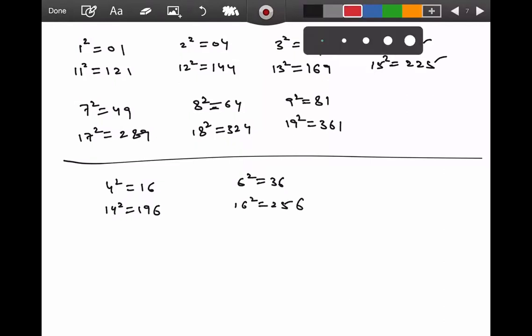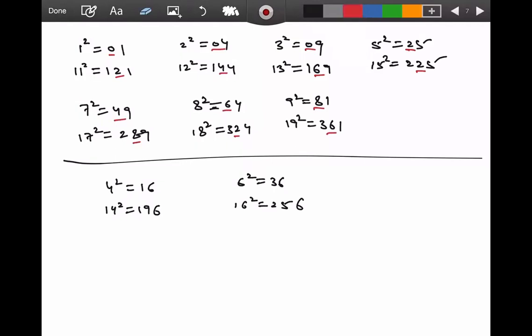So if you observe the second last digit or the tens place, this. So tens places, even or odd? Even.